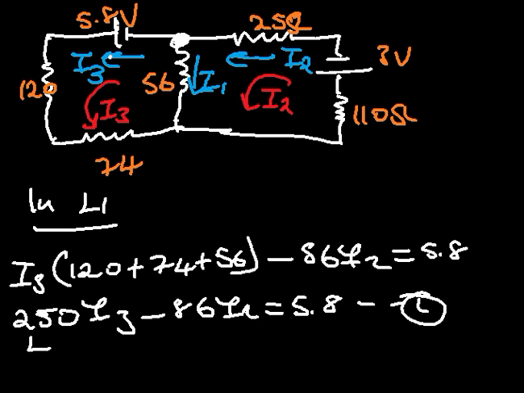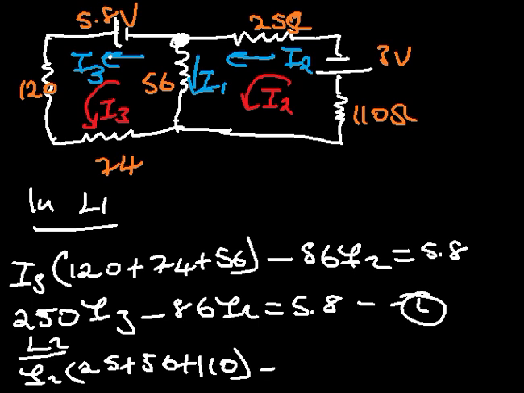And how about loop 2? In loop 2 we have the current flow given as I2, which is that of 25 plus 56 plus 110, and minus the voltage being traversed by another current from the other loop. So it is the same 56, times I3, which is equal to what we have for the battery in the loop.